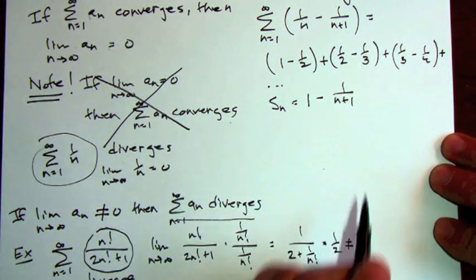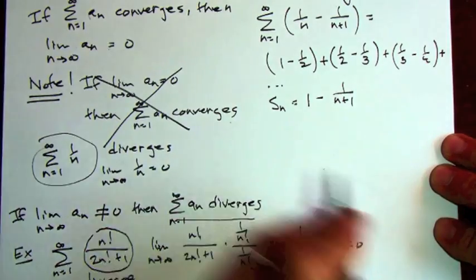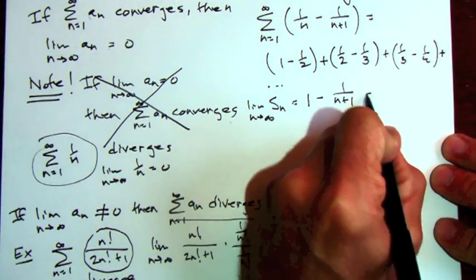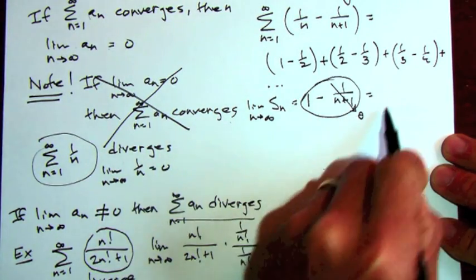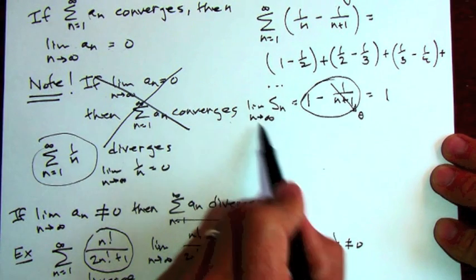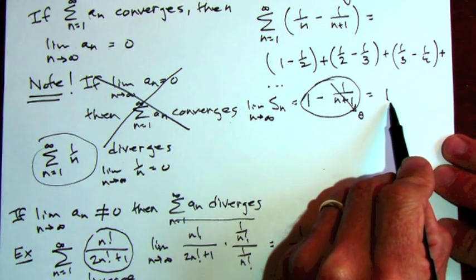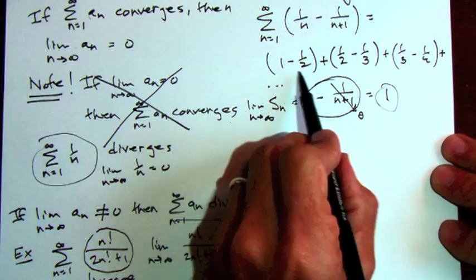I'm not going to worry right now about showing that, but take my word for it. Now, if we take the limit as n goes to infinity, this is going to go to 0, so that's going to just leave me with 1. And remember, the limit of the sequence of partial sums gives me the sum of the infinite series. So the sum of the infinite series is 1.